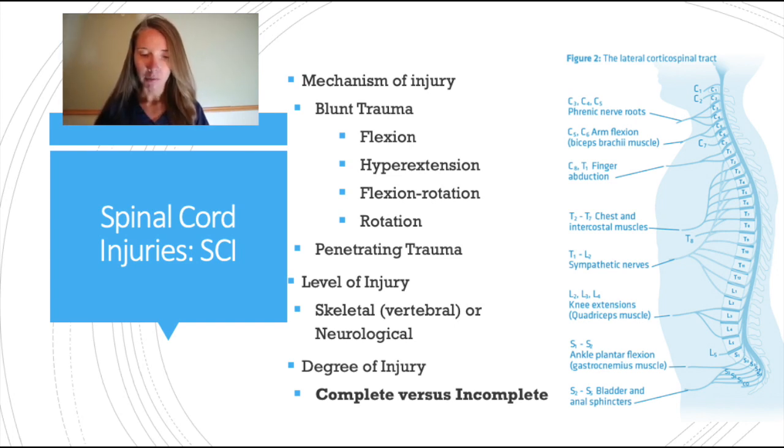It's important to keep in mind, like we said before, that we have 31 pairs of spinal nerves that come out from the spinal cord. And those include ascending and descending tracts that carry both motor and sensory stimuli.